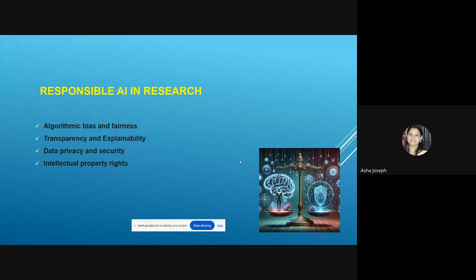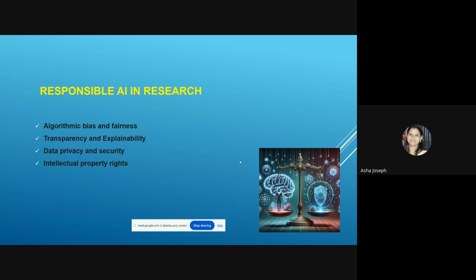The first point I would like to mention is algorithmic bias and fairness. An algorithm can perpetuate biases present in the data it is trained on, leading to unfair and inaccurate results. As a researcher, we should be mindful of these biases and take steps to mitigate them.